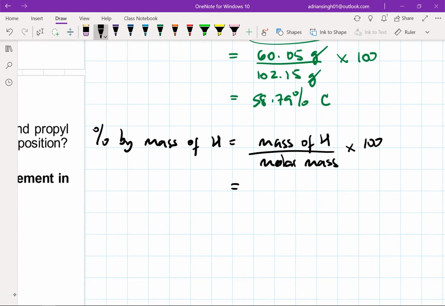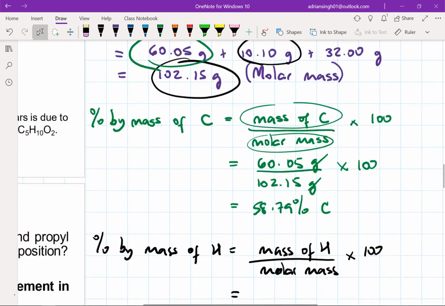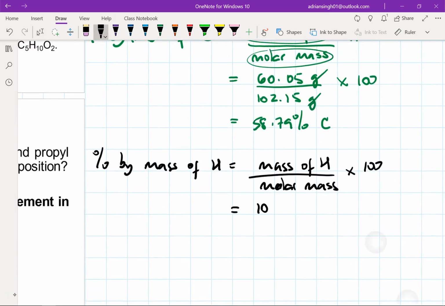It's 10.10 divided by the molar mass, 102.15 grams, times 100. And that's going to give us 9.89% by mass of hydrogen.